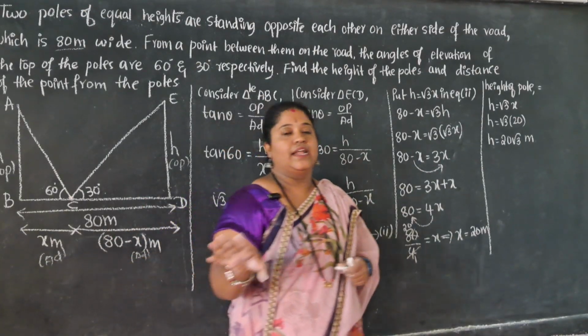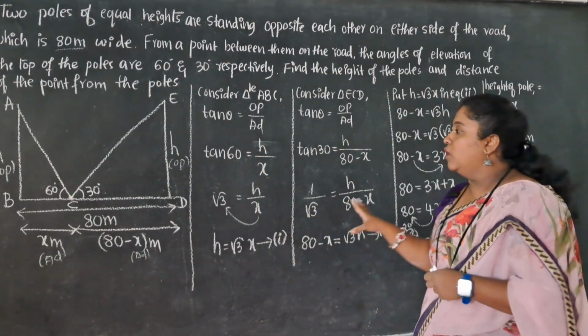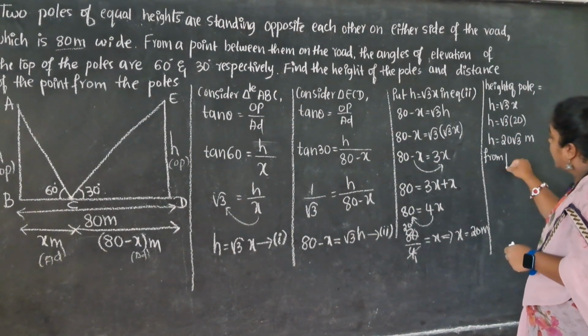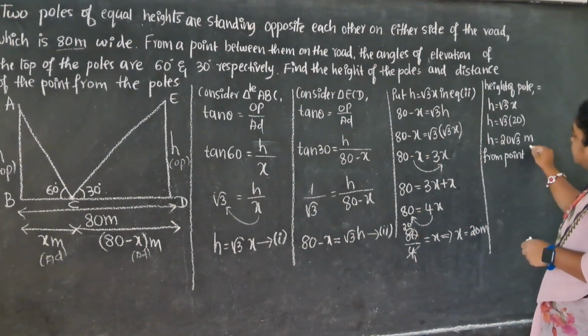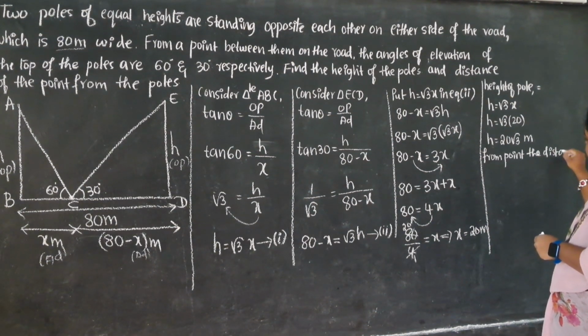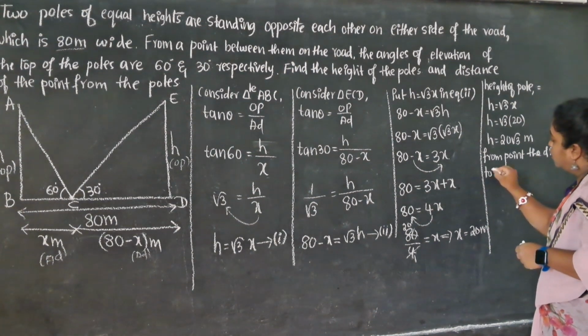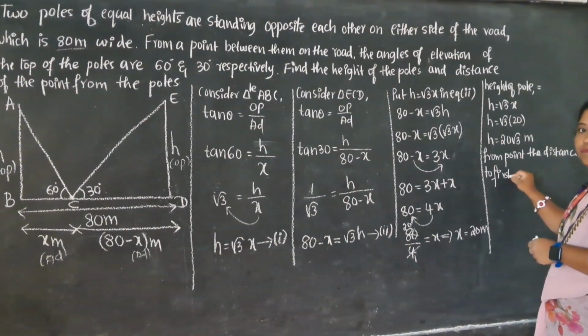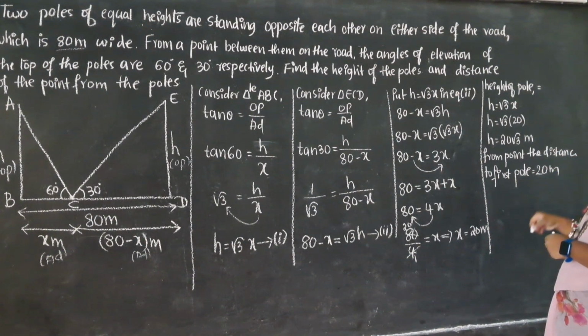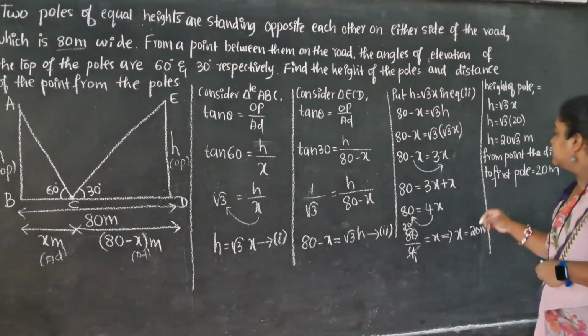Getting my point, dear? And now look at the board. Now I'll be writing here, from the point, the distance to the first pole. To the first pole is how much, dear? That is 20 meter. Understanding?